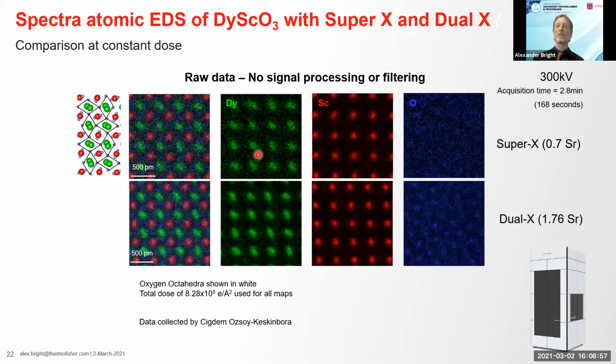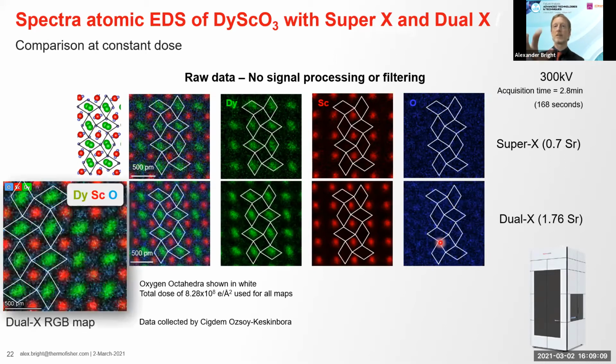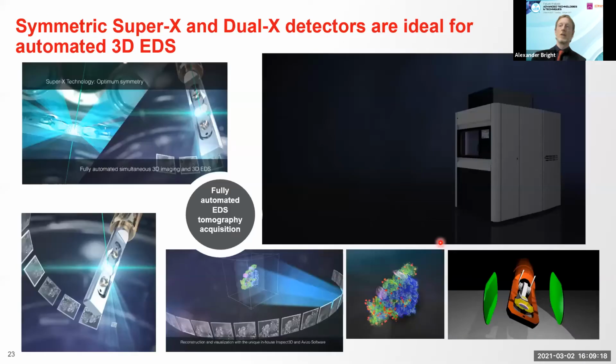If we acquire the same data set under the same conditions using Dual X, we get a higher signal to noise ratio, and we can start to see the oxygen positions more clearly. And we can actually determine the position of the oxygen octahedra by looking at this kind of data.